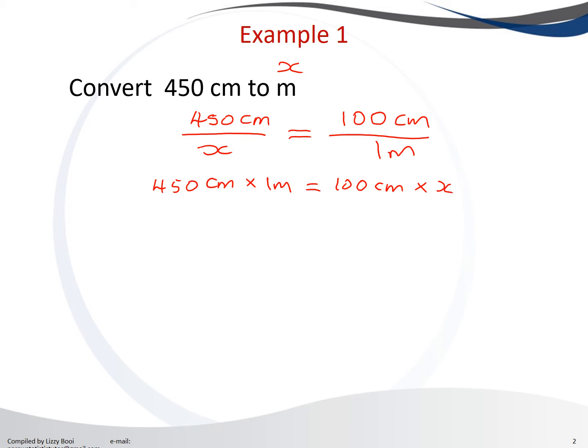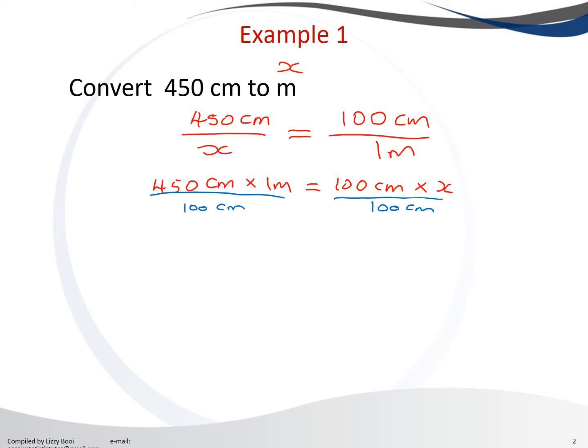Now we need to get rid of 100 centimeters this side, so it means we're going to divide by 100 centimeters this side, and we're going to divide by 100 centimeters that side.